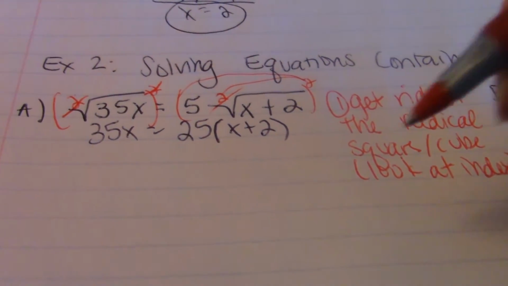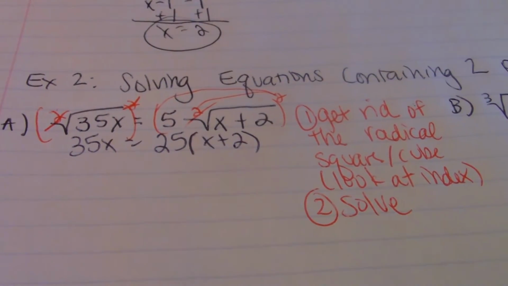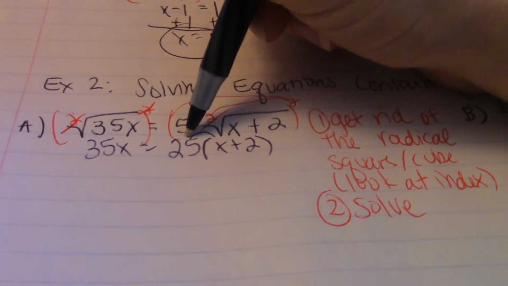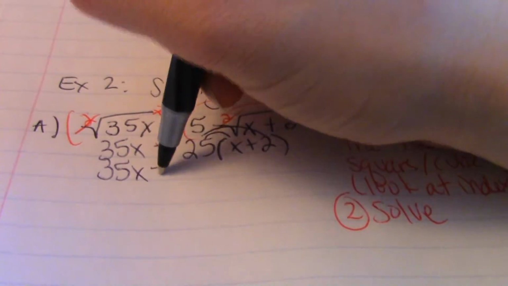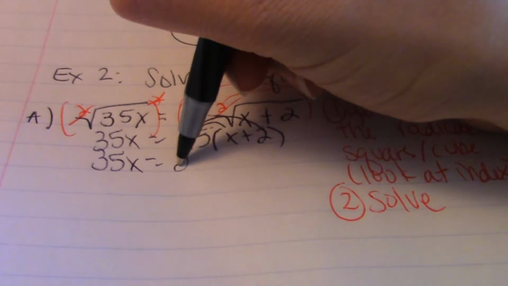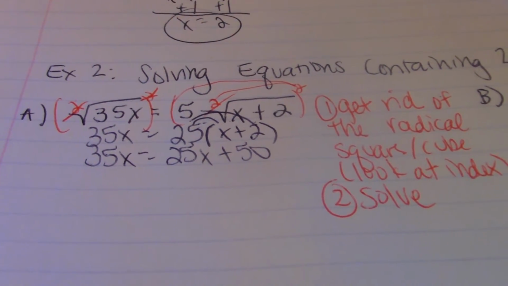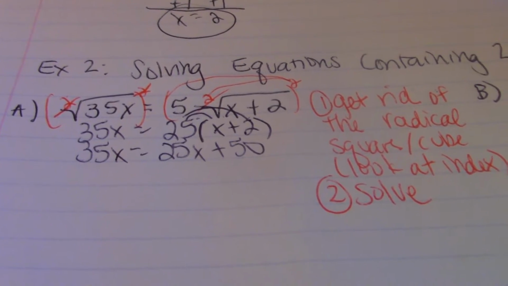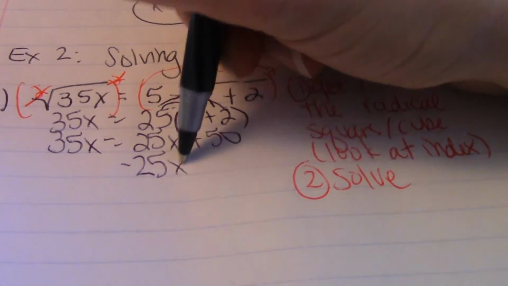And my next step is to solve. If I need to simplify it, in this case I need to distribute. So 35x equals 25x plus 50. Now we need to subtract the 25x, because these both have an x and the 50 doesn't.